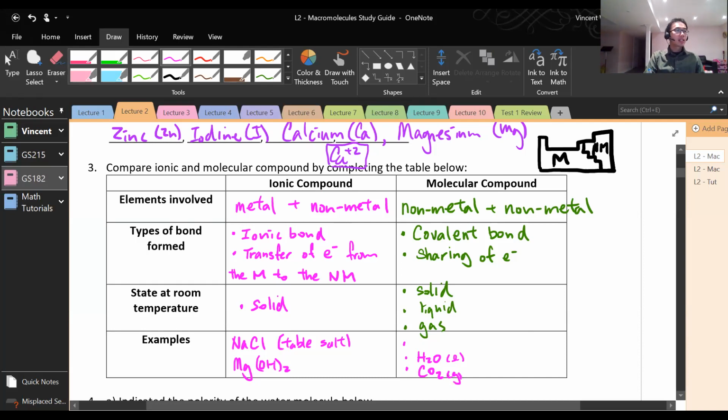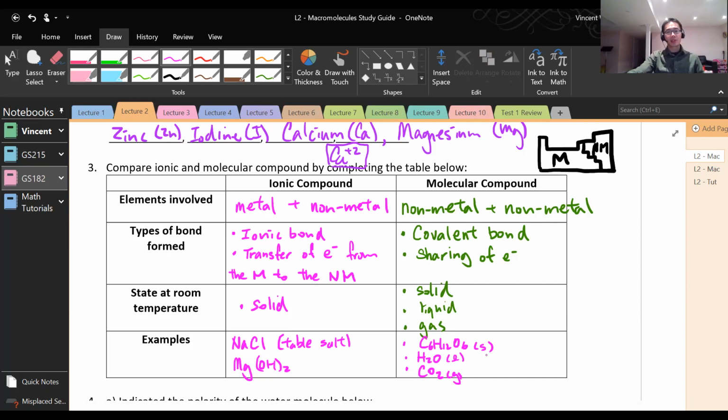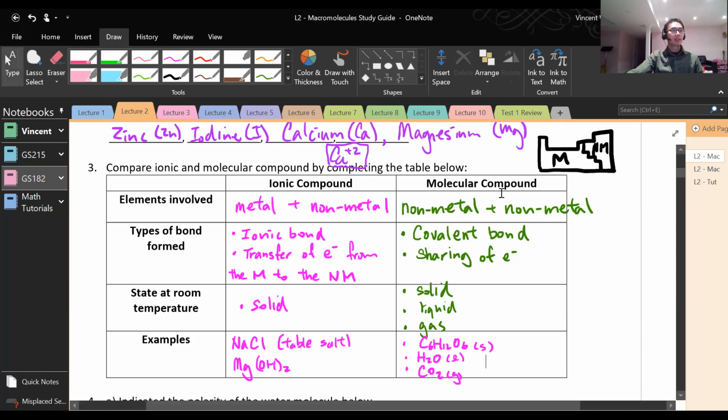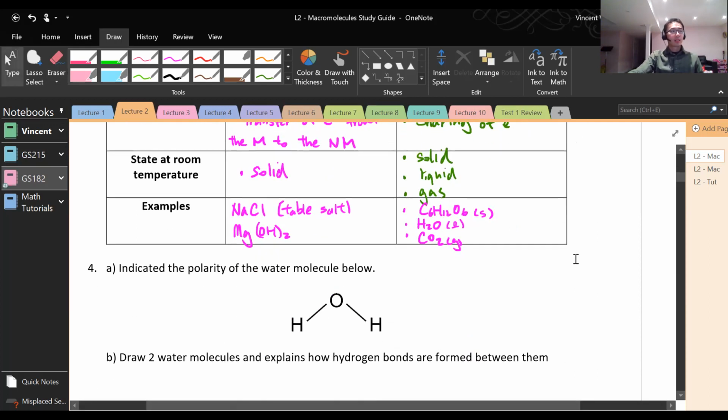And Christina said sugar. Sugar is solid. C6H12O6, for example, that is glucose, and that is solid. Platinum is an element, so that is not a compound. Yeah, carbon monoxide also works. Very good.